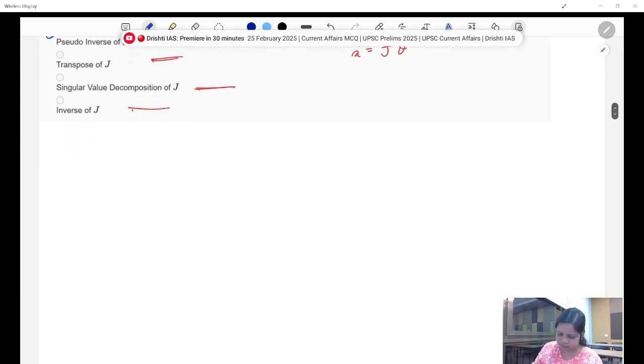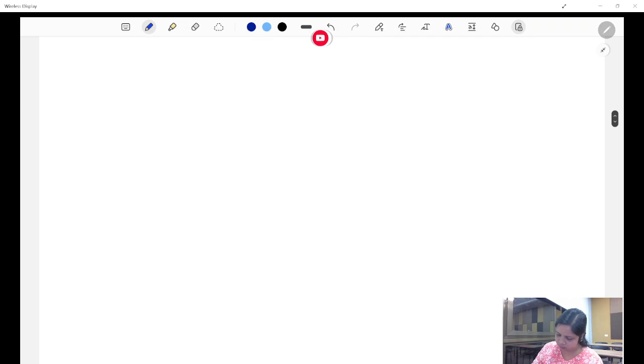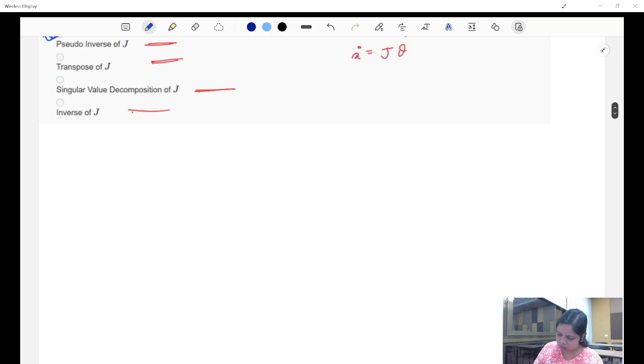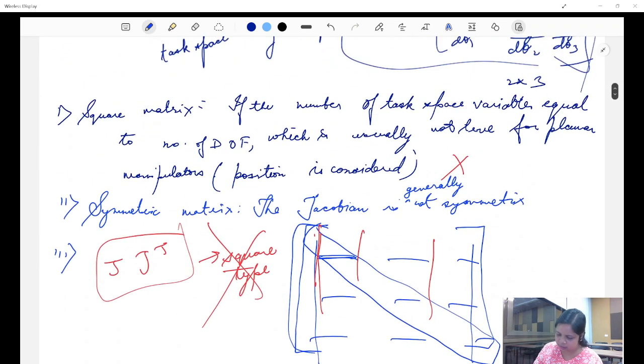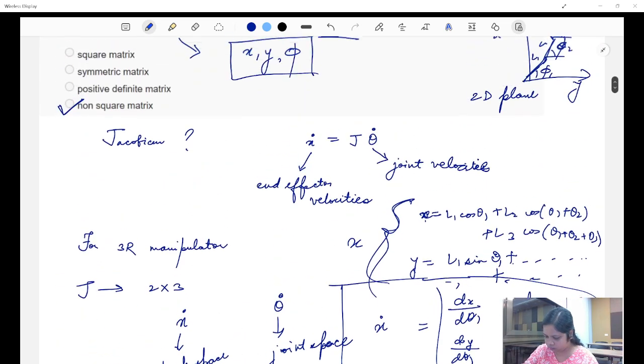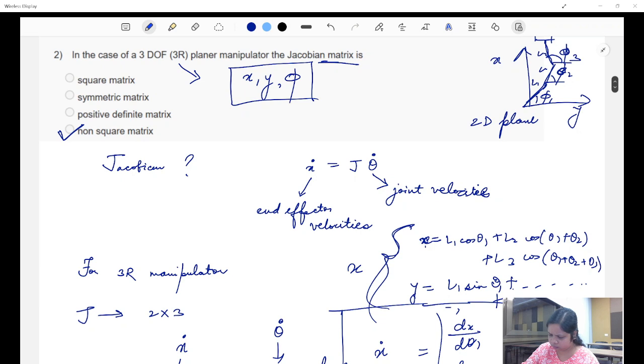Okay. Ma'am, one doubt regarding the previous question, question number 2. Ma'am, the Jacobian of a 3 DOF planar manipulator has dimension, so it will be 2 by 3, right?